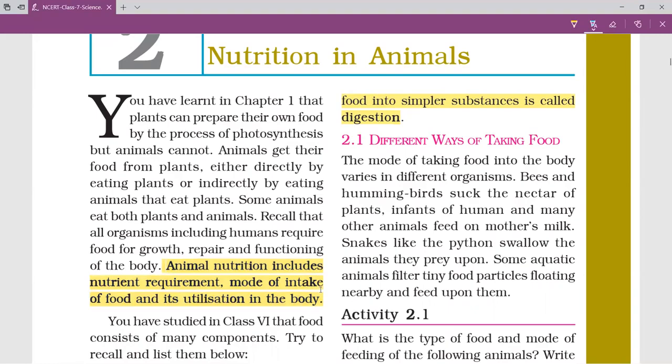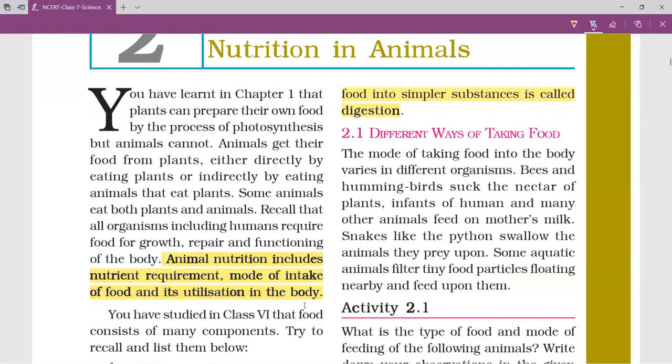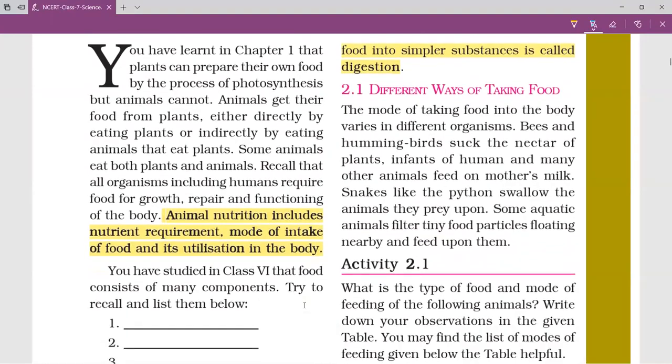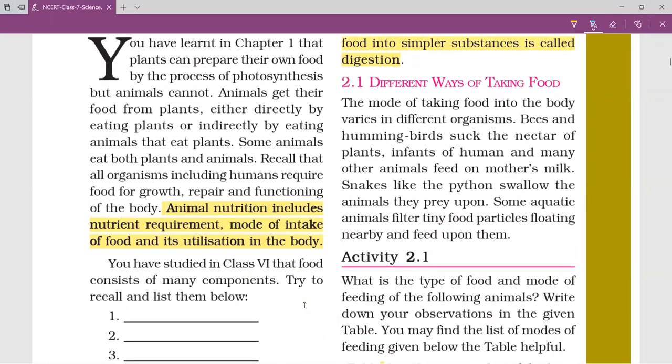Intake of food is done by mouth in all animals. Then its utilization in the body. So once again, animal nutrition includes nutrient requirement, mode of intake of food, and its utilization in the body. This is the procedure of how nutrition takes place in animals.